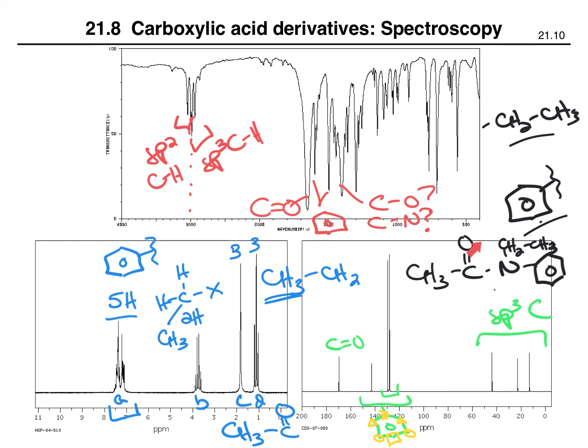So is this consistent with IR? We have sp2 CHs, sp3 CHs, we have a carbonyl that could be part of an amide, and then we have some CN bonds as well. By proton NMR, the aromatic ring would correspond to signal A. So keep in mind, these are not equivalent to these, which is different from this, but those hydrogens are all similar to each other and they're kind of overlapped and we can't really see what's going on.